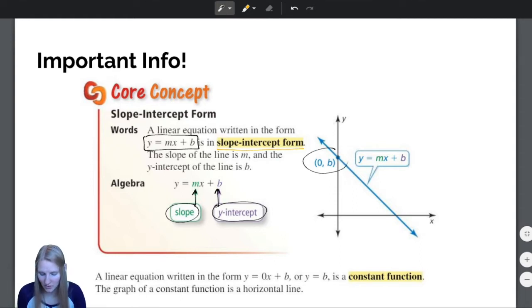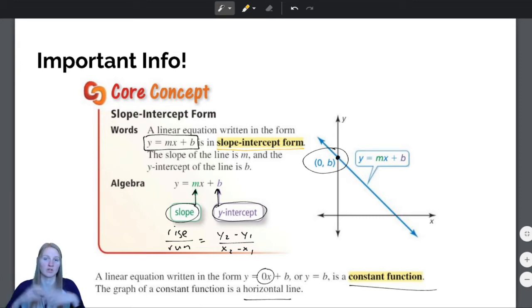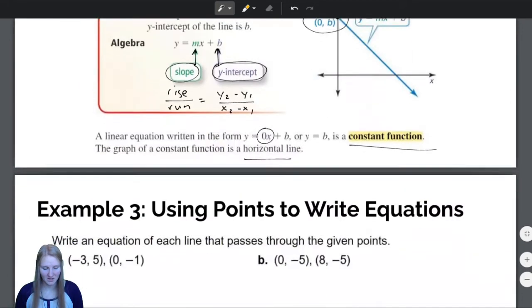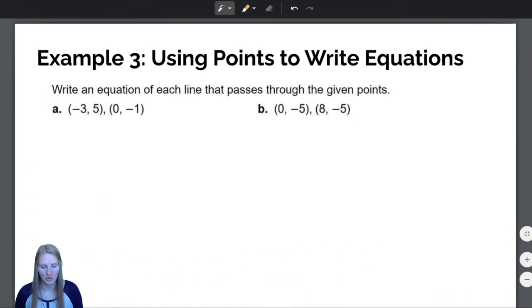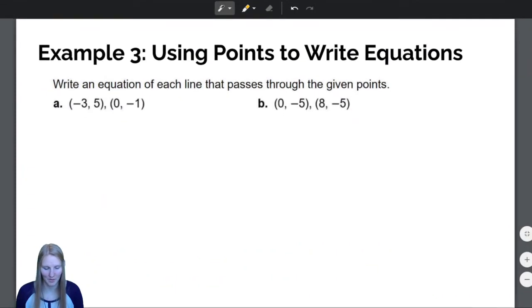The y-intercept is the point where the graph crosses the y-axis, and the slope, of course, is rise over run, or y2 minus y1 over x2 minus x1. And if the slope is 0, we have a horizontal line, which is a constant function. Okay, all right, with that, let's jump in to our first example.